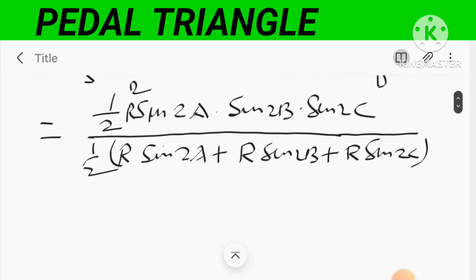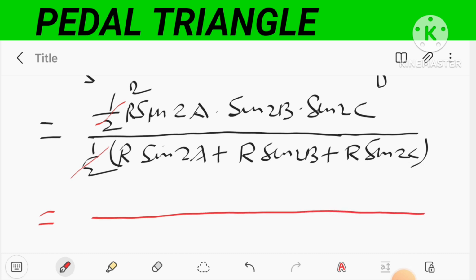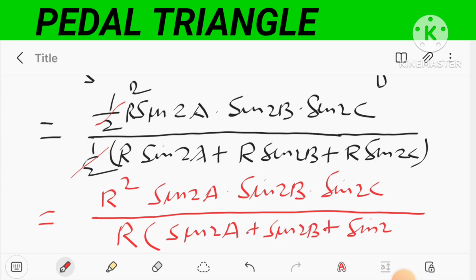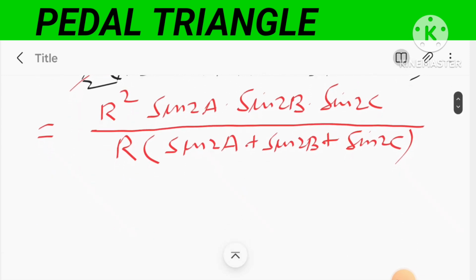So the half is cancelled, and R is common here: sin 2A plus sin 2B plus sin 2C.